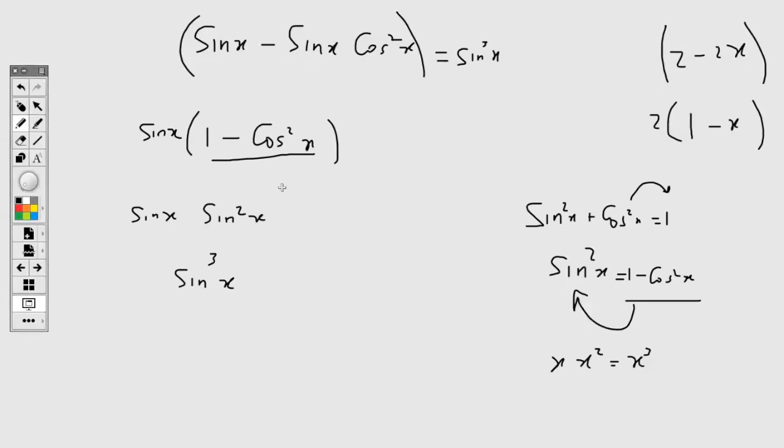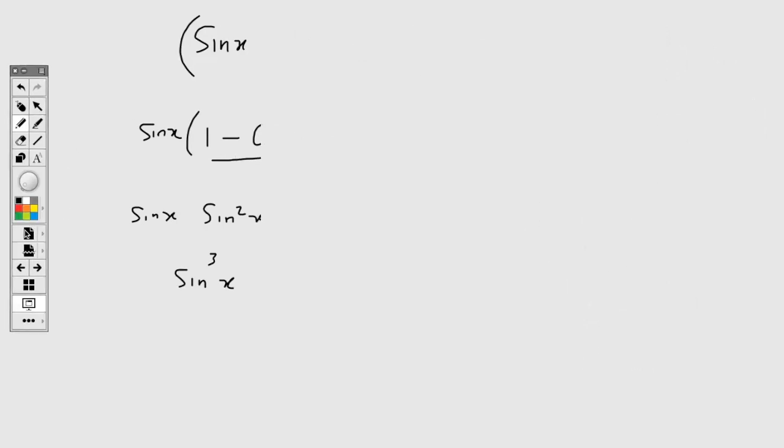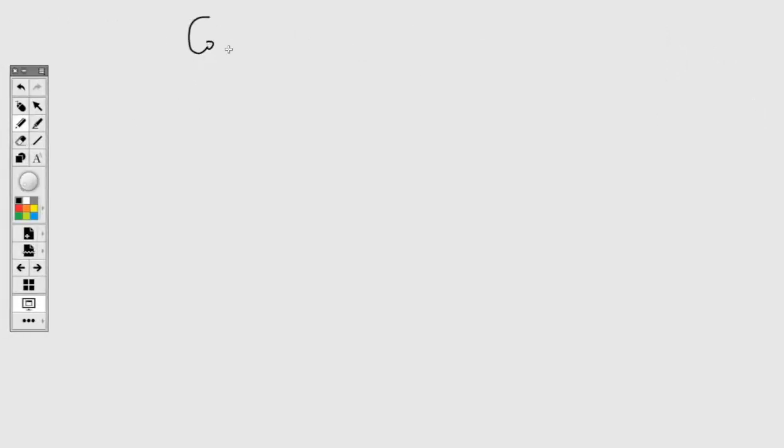Now I have another one that I'm going to look at. So if I have cos x over 1 minus sin x minus cos x over 1 plus sin x is equal to 2 tan x. So as I stated, I love to work on the left-hand side because that's where I have the most information to work with.